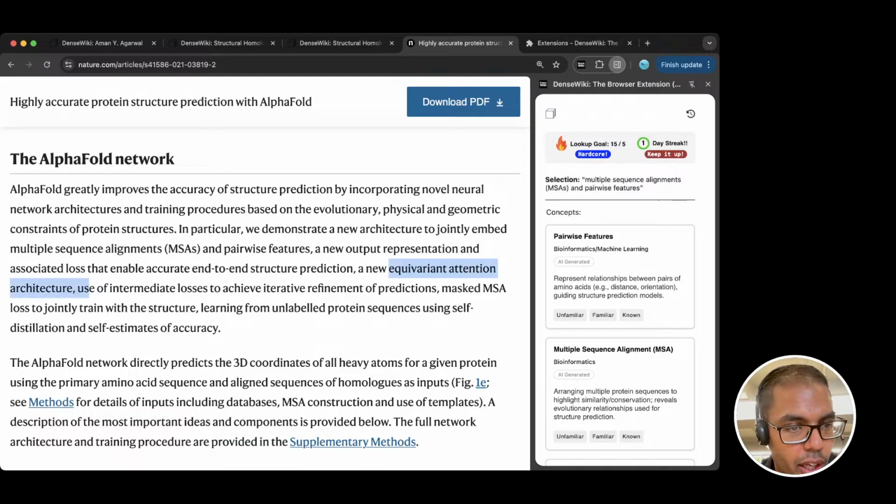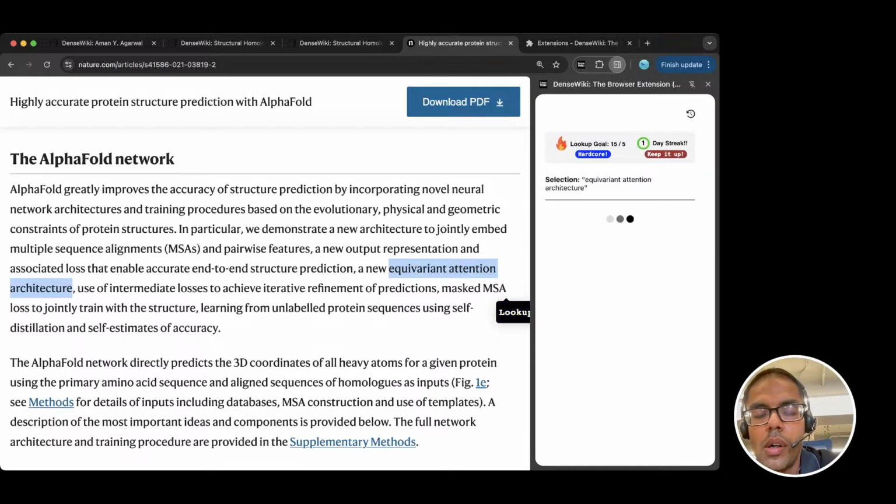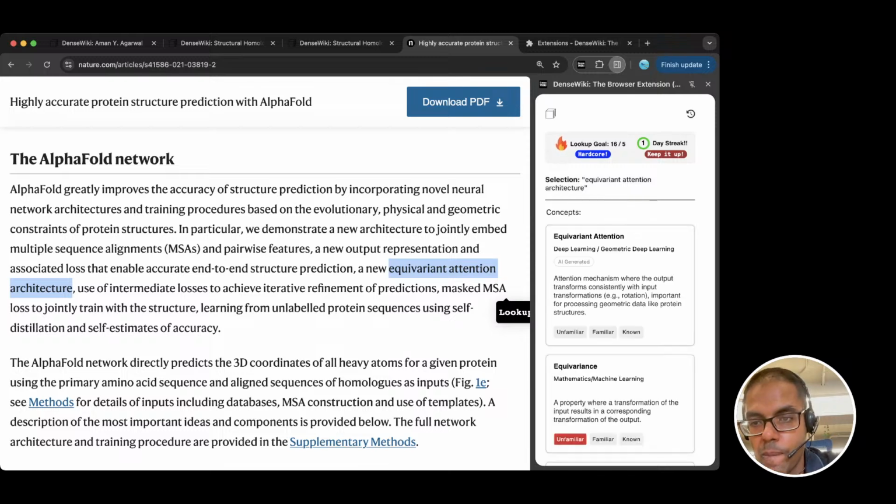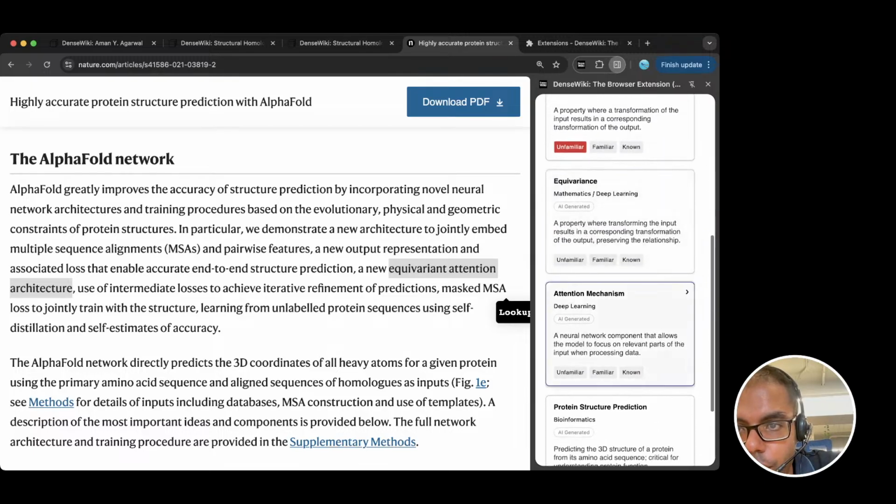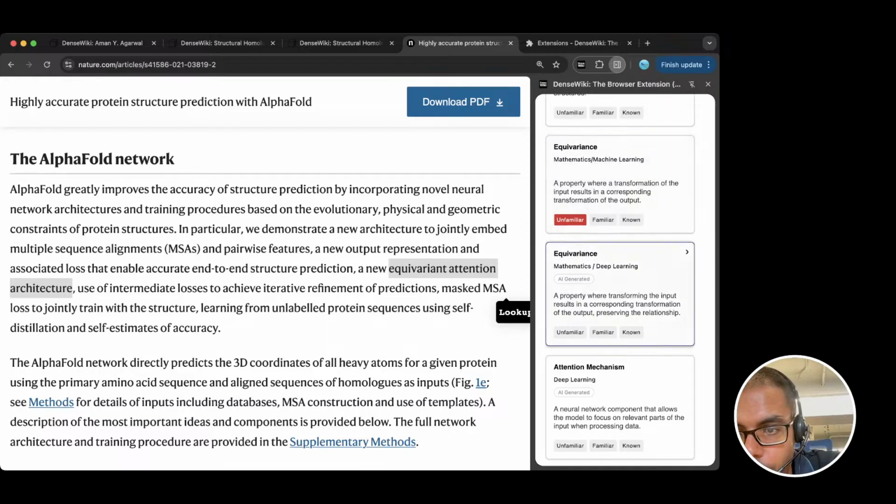Equivariant attention architecture. Let's see what that is. An attention mechanism where the output transforms consistently with input transformations. Okay, equivariance first in deep learning or machine learning, right?